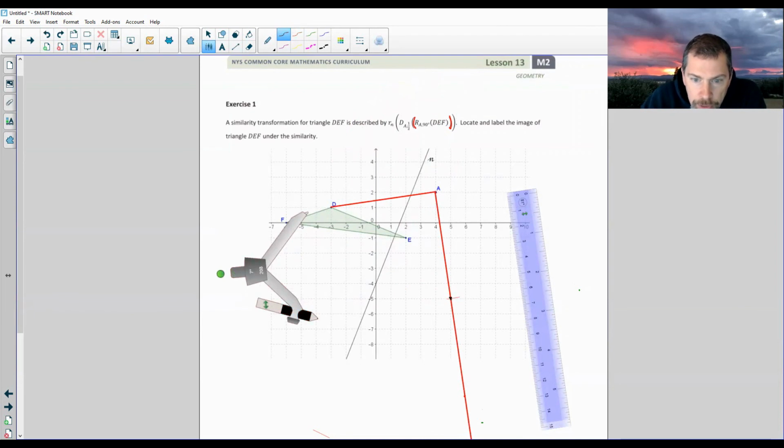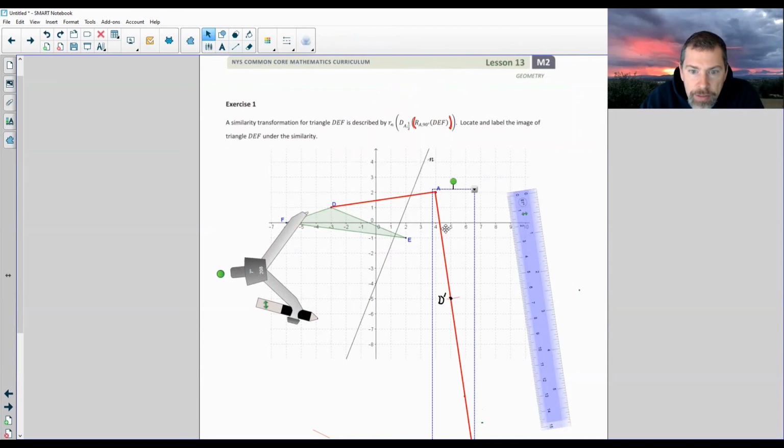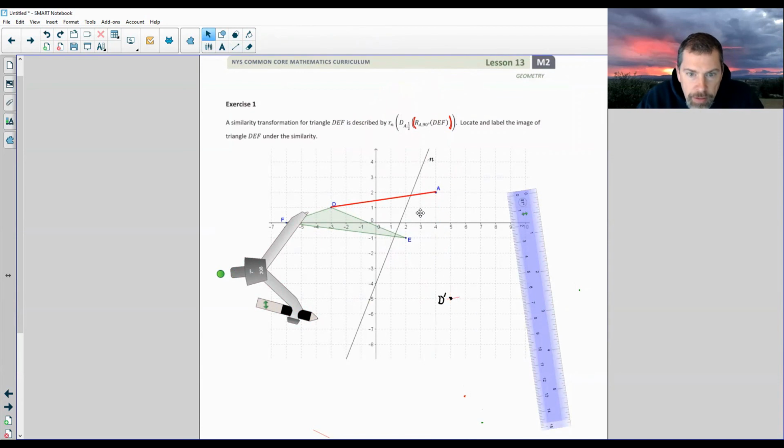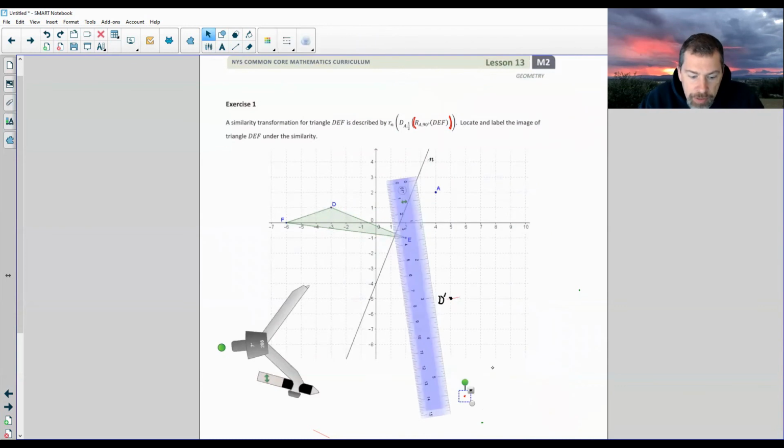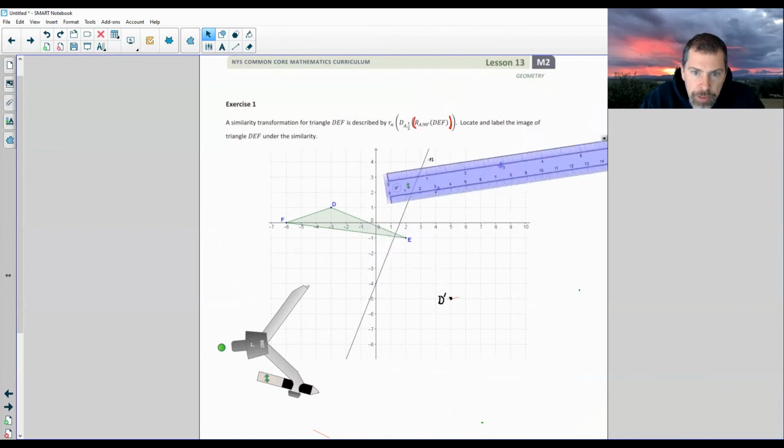So this point right here is going to be D prime. Okay, then I'm going to erase these. And I'm going to repeat the process. I'm done with this segment or this point that just told me where my 90 degrees was.